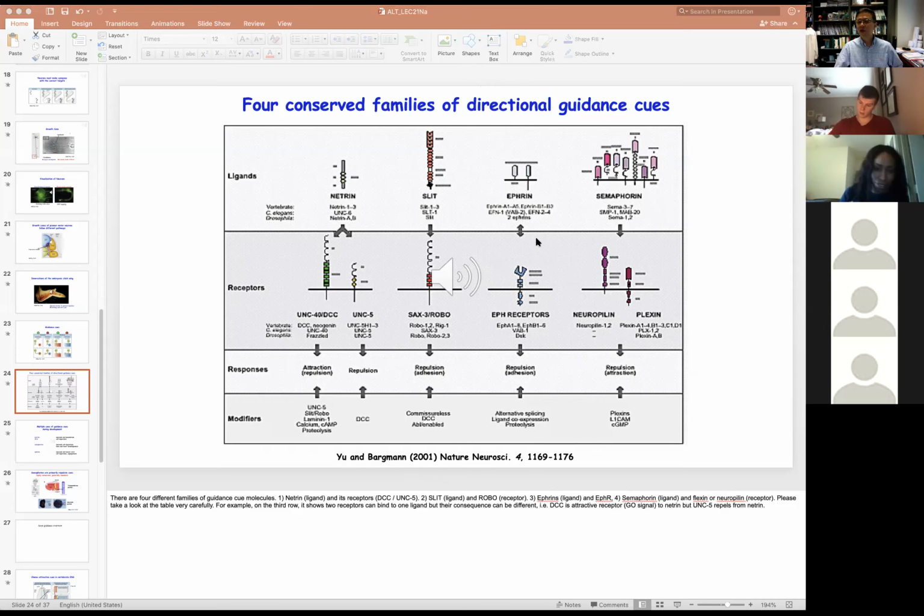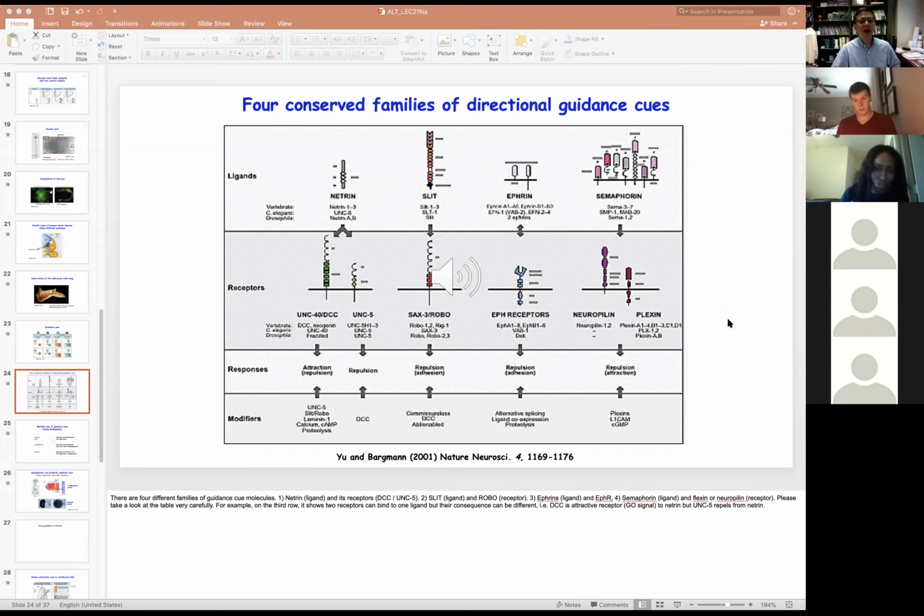We're going to talk about netrin in a while, but before the netrin discovery, I think this kind of cue was largely not very well characterized. Back then, 2001 was very recent information, and I haven't heard anything in addition to this. I think there are some other molecules people find, but I don't think we can talk about it in a class. I think that is more still research level.